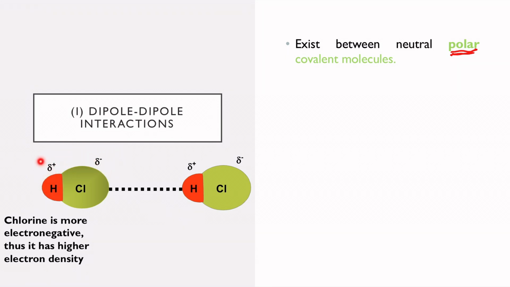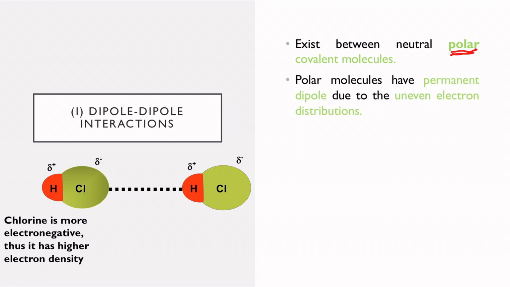It means partially positive and partially negative, because you have unequal distribution of electron density within that molecule. So your polar molecules will have a permanent dipole due to the uneven electron distributions.